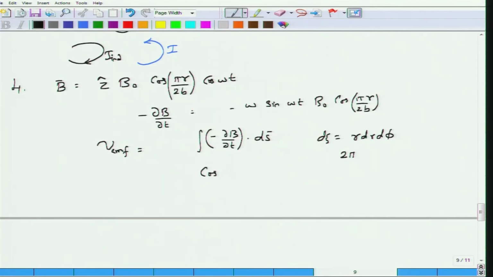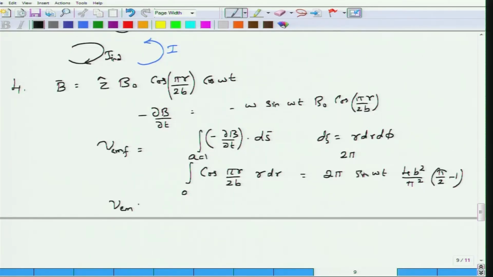So, it would actually be cos of pi r by 2b r dr integral from 0 to a, if a is the radius of the loop, or b is the radius of the loop, let us take. So, this would actually be equal to 2 pi sin omega t, and there is some 4b square by pi square times pi by 2 minus 1, or if you take a equal to 1 in this particular case.